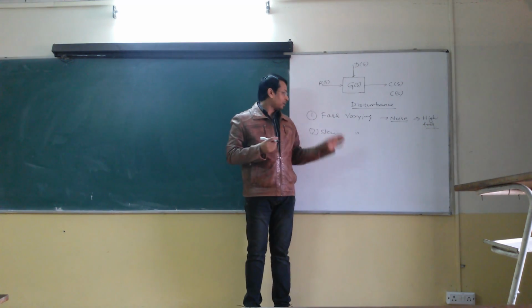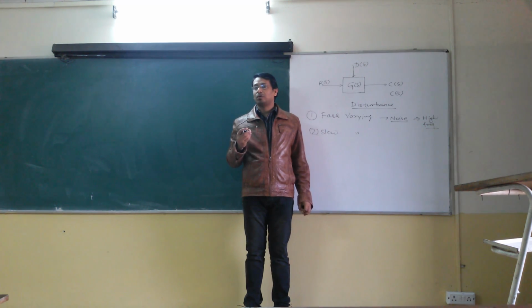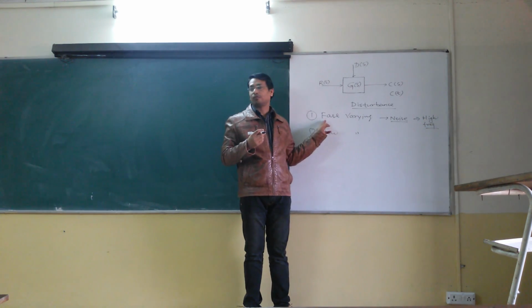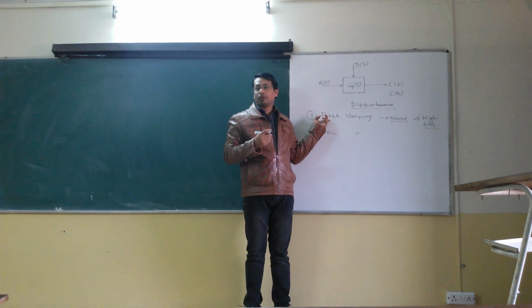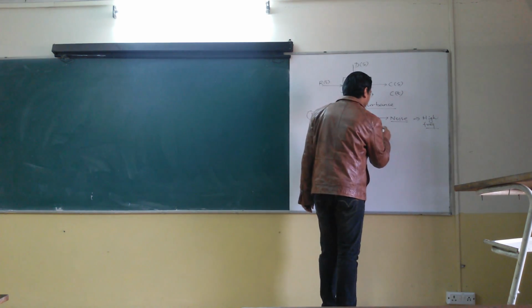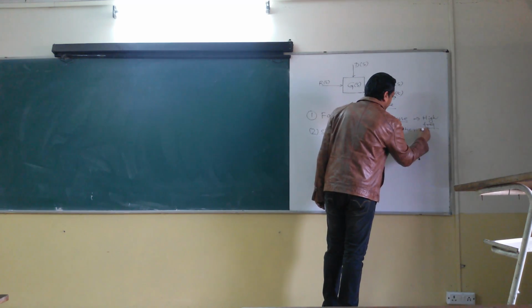And since these fast varying signals are relatively random in nature, your deterministic method of analysis and design is not going to work for your fast varying signal. Rather, the approach we follow for the fast varying signal is the stochastic approach, or you can say the stochastic model.